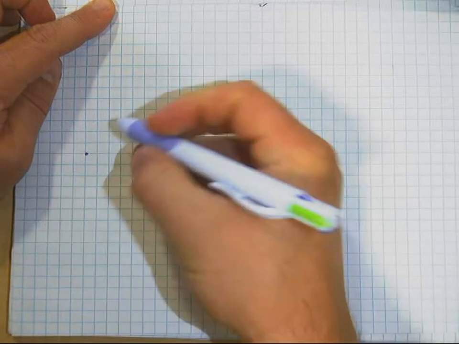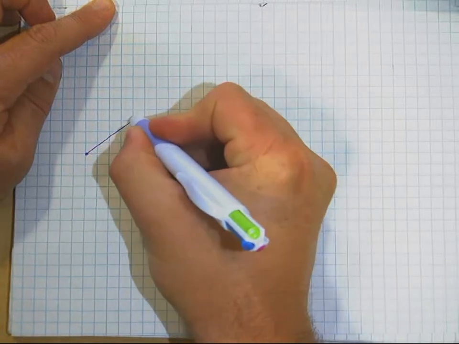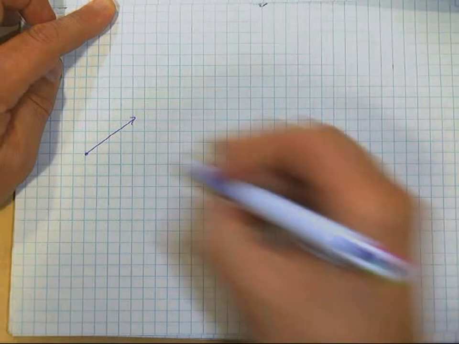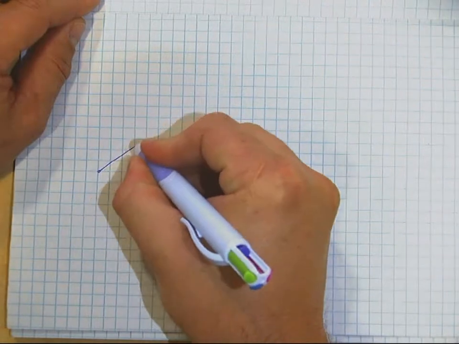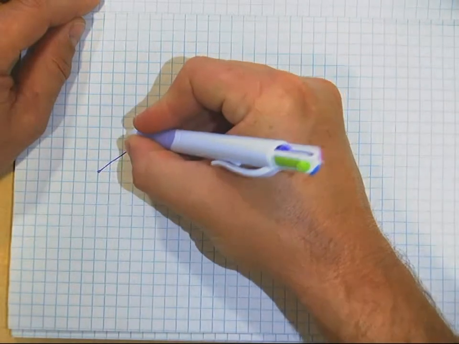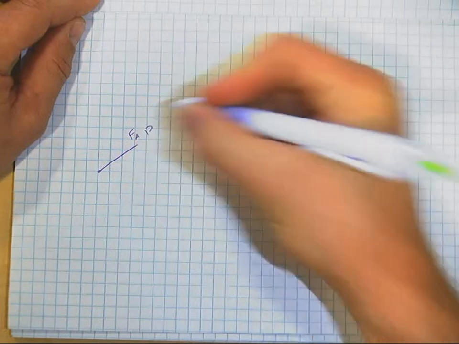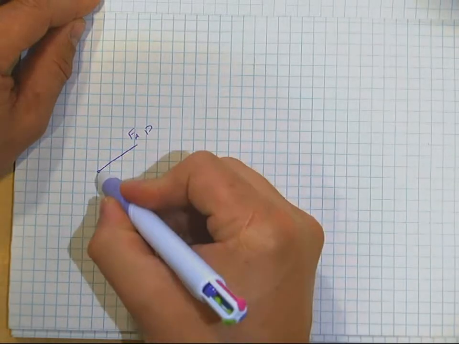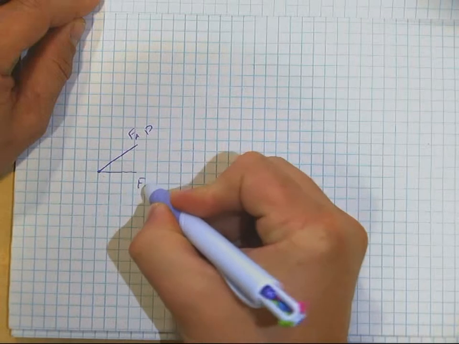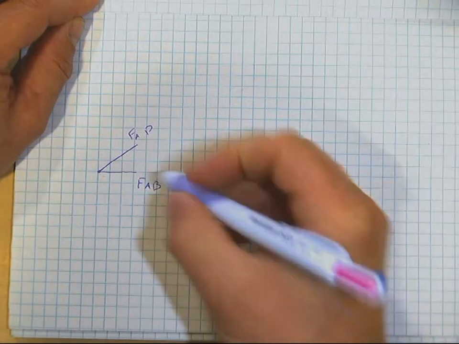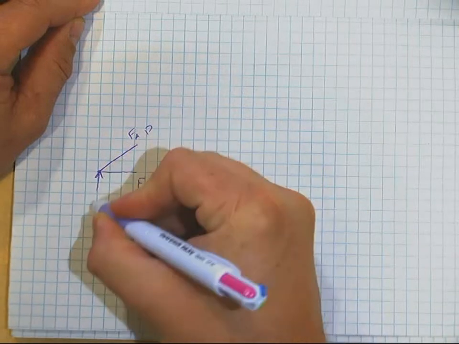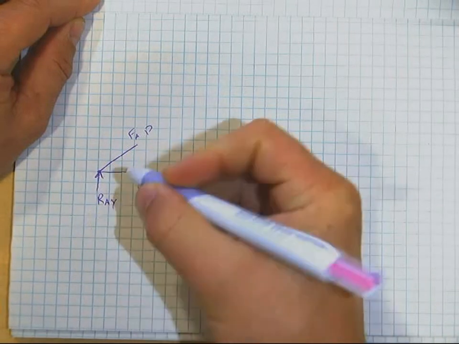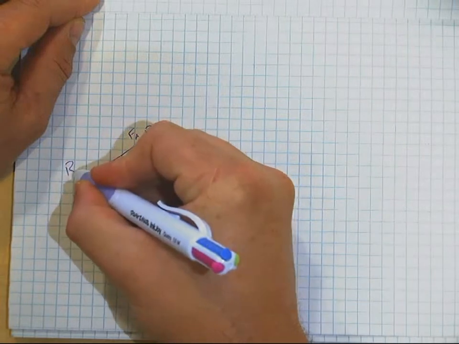So we got A. Oops, I already made a mistake there. All right, so we got A. We have FAD, and we have FAB, and we have RAY, and we have RAX.